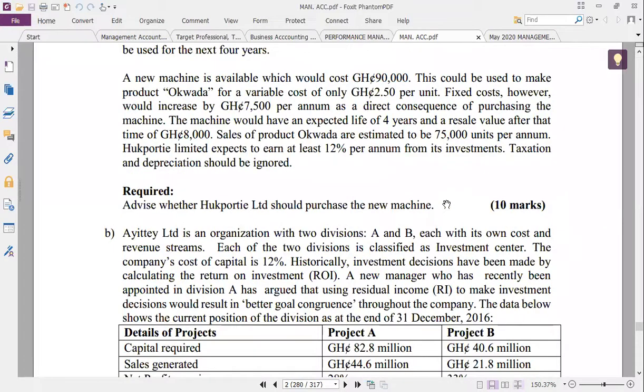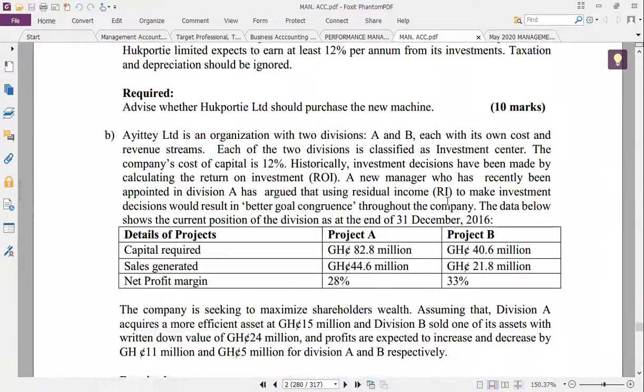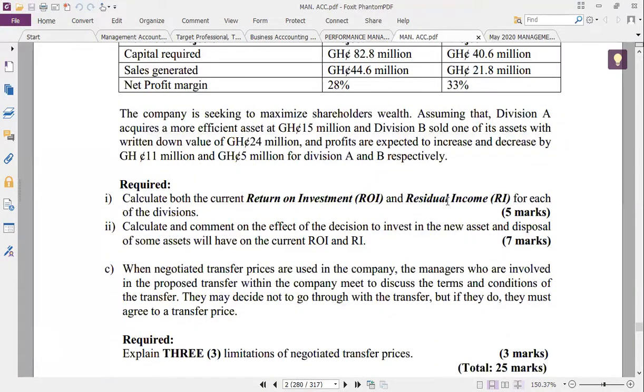Okay, that was the question that we saw. Okay, this is 2019 November. Great. So that means the first handout, this handout, contains all performance management questions so far, all of them so far.